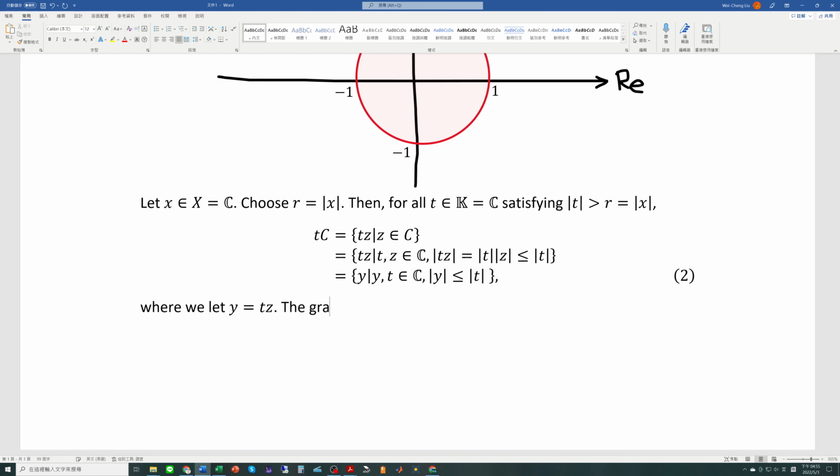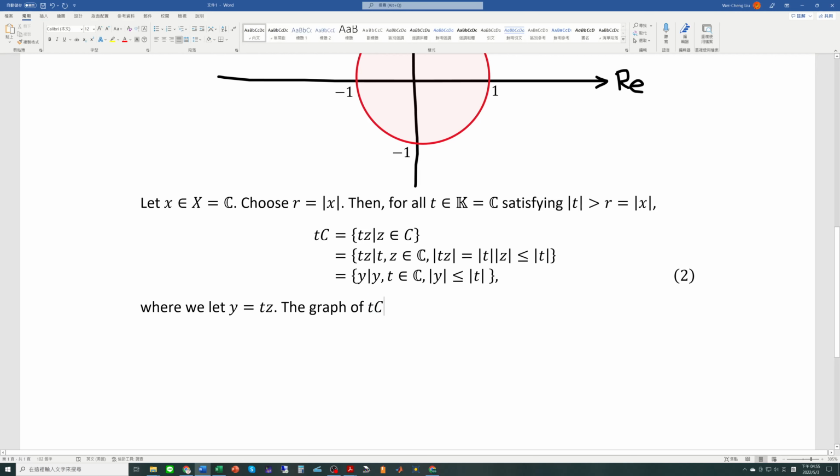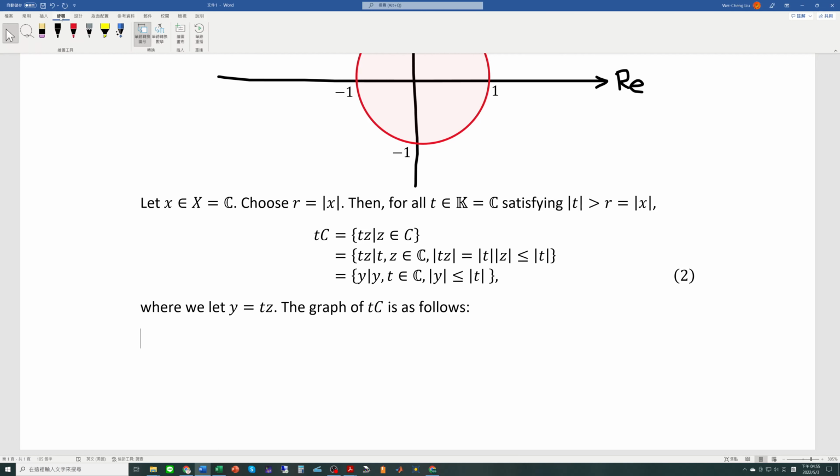The graph of tc is as follows. Let me draw another graph here.